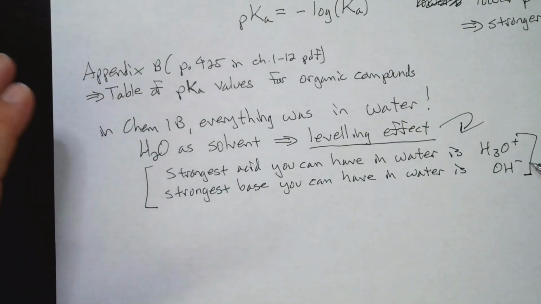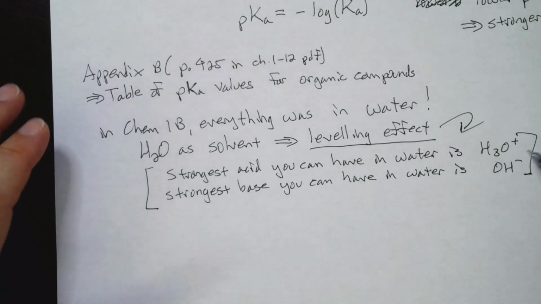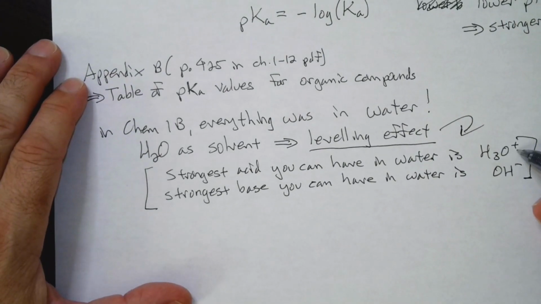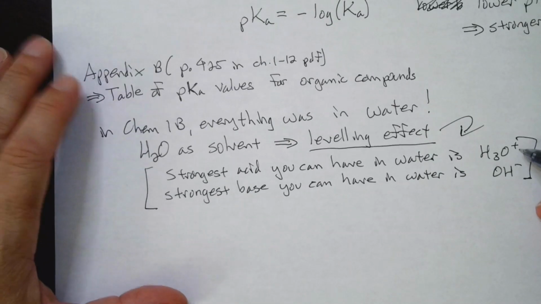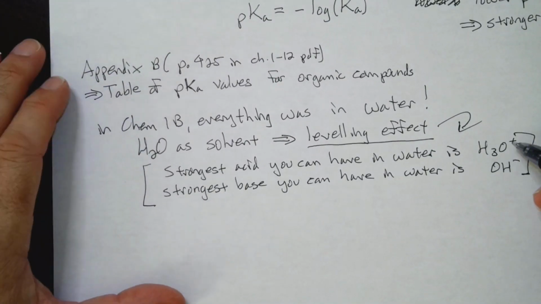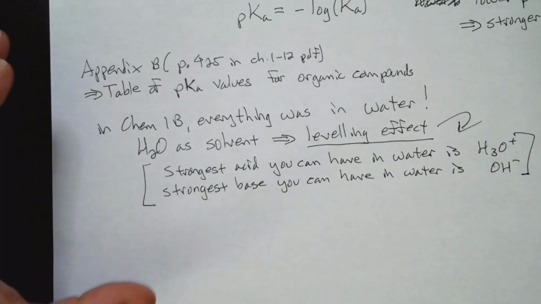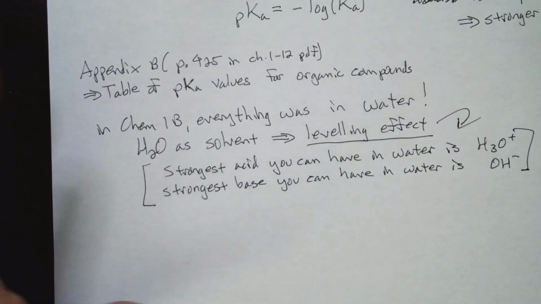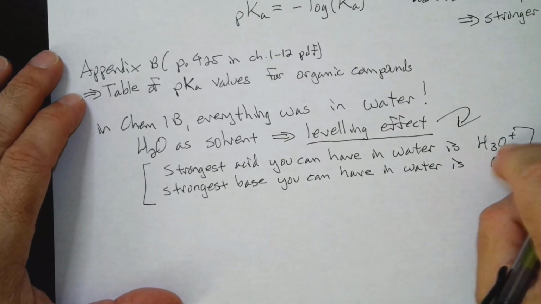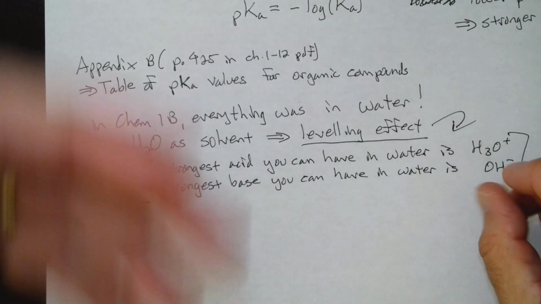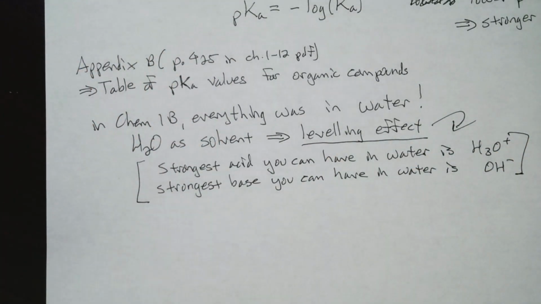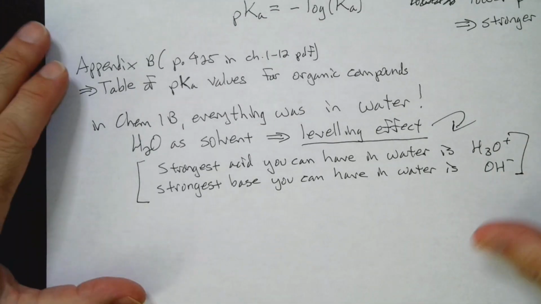If I put a stronger acid, if I put sulfuric acid in water, it dissociates and gives me hydronium ions and then hydrogen sulfate ions. Okay, it gives me H3O+ and HSO4−. If I put hydrochloric acid, I get H3O+ and Cl−. All the strong acids are stronger than H3O+. And if you throw those strong acids into water, you get H3O+ and the counter ion, the conjugate base, from that acid.